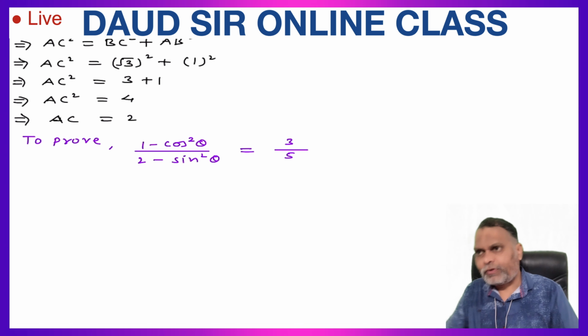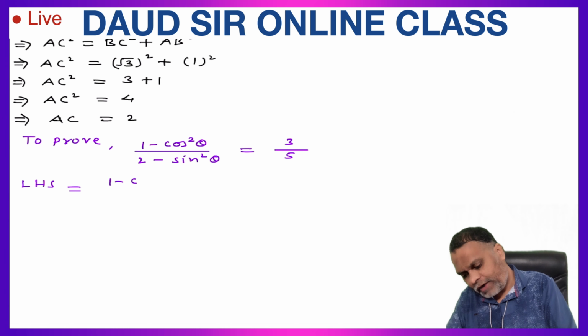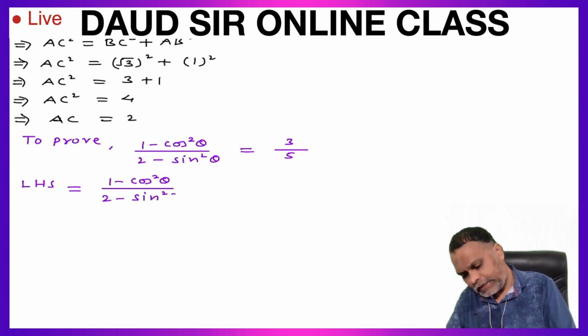This we have to prove. So taking the left hand side, LHS is equal to 1 minus cos square theta upon 2 minus sin square theta.